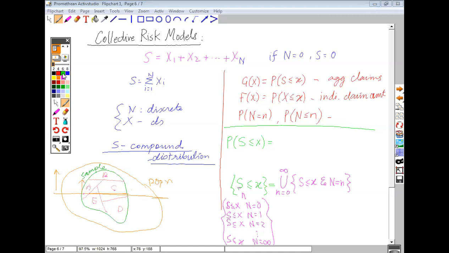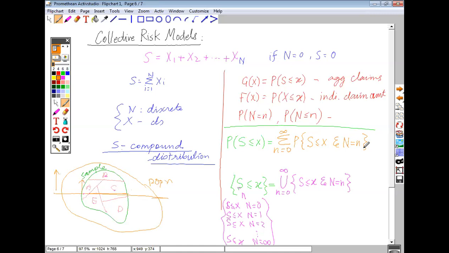Okay, so now what I will do is, I will just write, suddenly I'm out of colors. Okay, so if I have to write my probability that S will be less than or equal to X, given that I'm defining this set as such, this union will convert to summation n going from 0 till infinity, and I'll write my probability that I'll observe an S less than or equal to X and a capital N equal to small n.